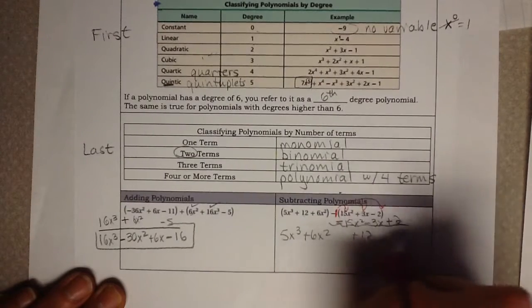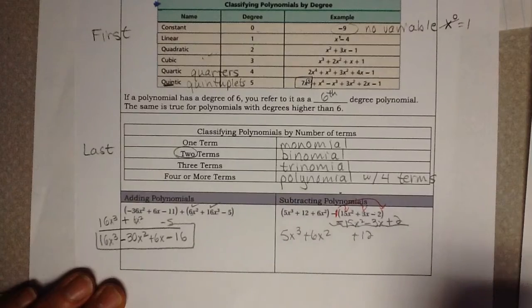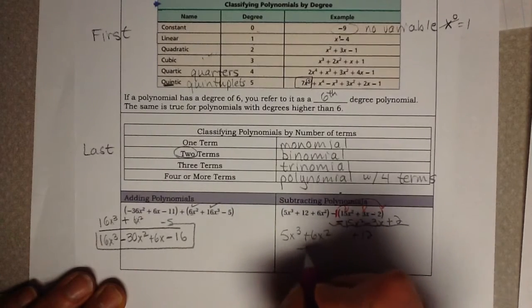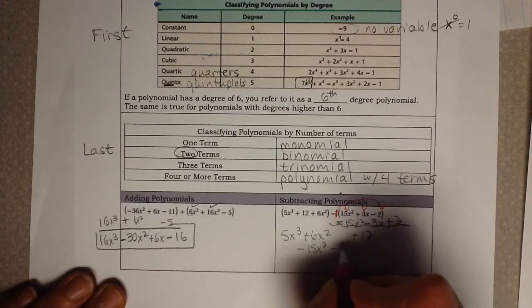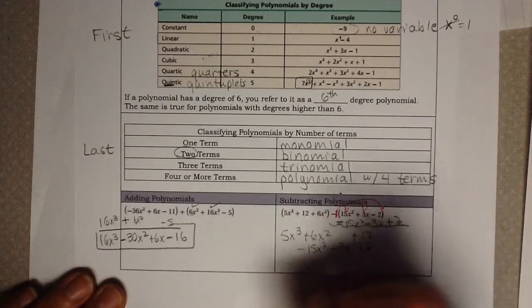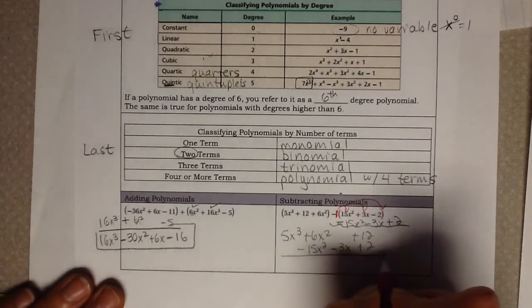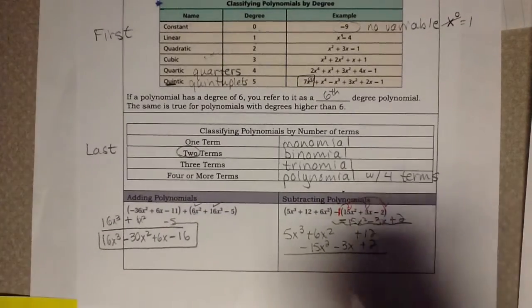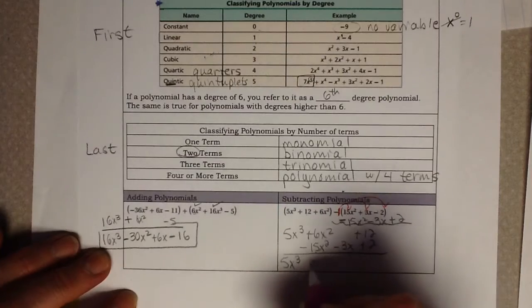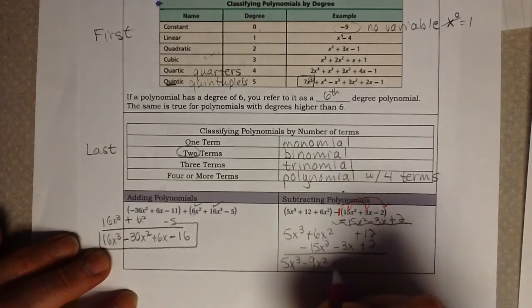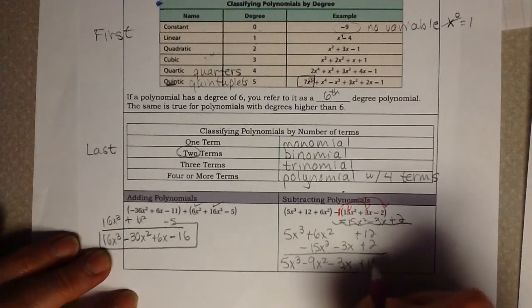Now I'm going to take this polynomial and I'm going to line it up underneath this one. So it's going to be minus 15x squared minus 3x and then a plus 2. Okay, so when I add these together, I get 5x cubed and then minus 9x squared minus 3x and plus 14.